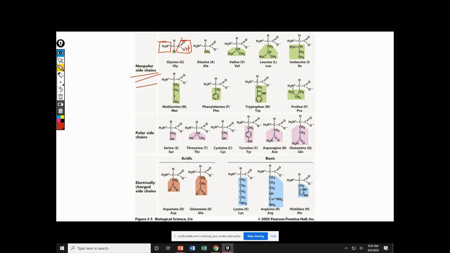Which one did we know was nonpolar? The lipids, good. Right, those phospholipid tails in particular. What happens when you put two nonpolar things together? What happened with our phospholipid tails? Did they ignore each other? Did they attract each other? Did they reject each other?